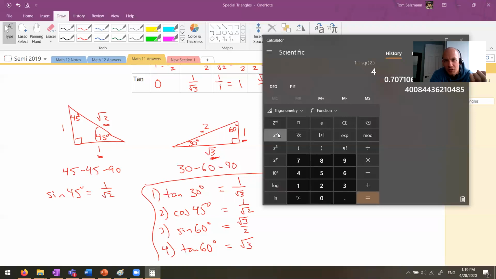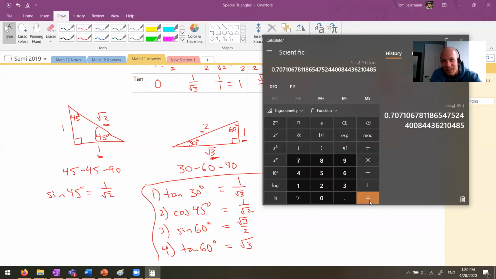I'm going to cheat and see if I can do this properly. So 2 to the power of 0.5. Okay, there we go. That was way harder than it had to be.